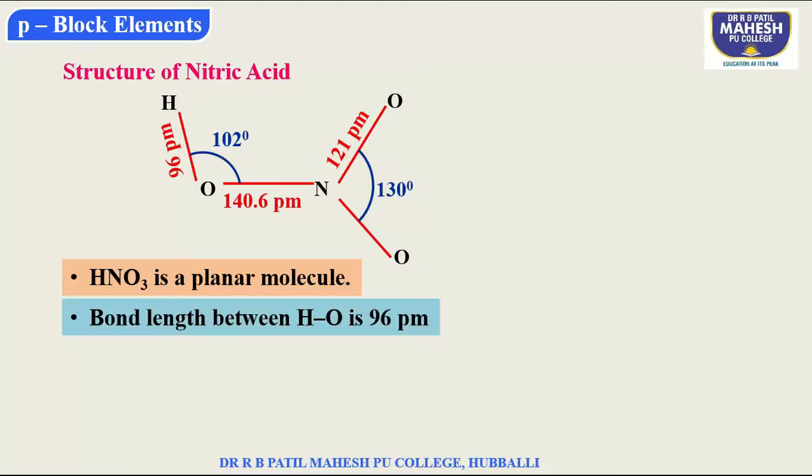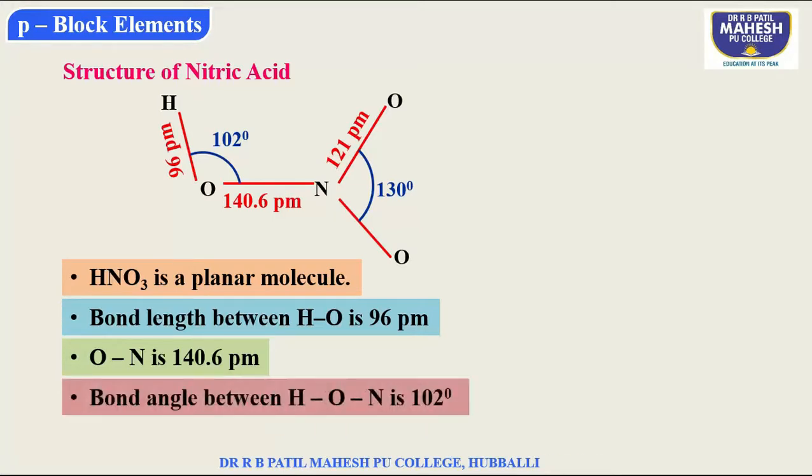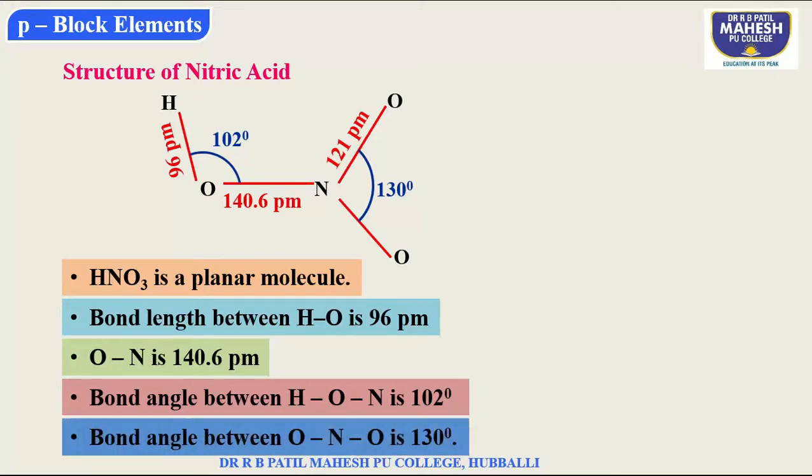Bond length between hydrogen and oxygen is 96 picometer, whereas oxygen nitrogen bond length is 140.6 picometers. Bond angle hydrogen oxygen nitrogen is found to be 102 degree, whereas bond angle between oxygen oxygen is found to be 130 degree.